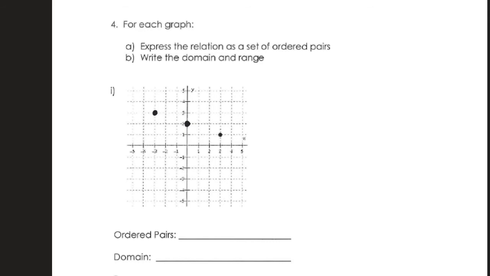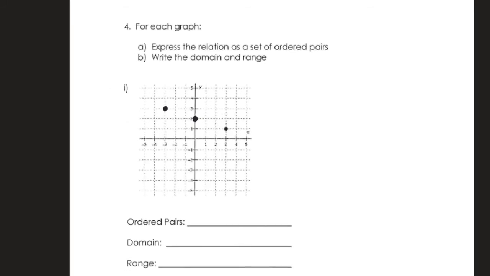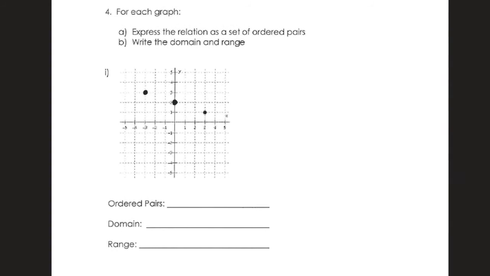We need to express that relation as a set of ordered pairs, and then write the domain and the range. So I'm just going to shrink that down a little bit so that we can see it a little clearer. What I want you to do is go through and answer that problem. I think we have enough in our background to do it. Okay, pause the video now.